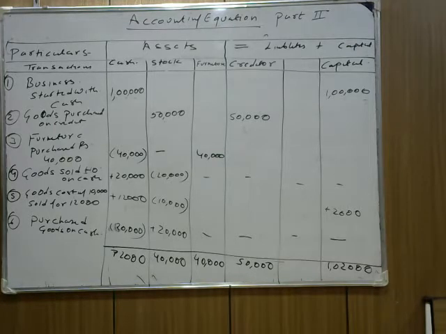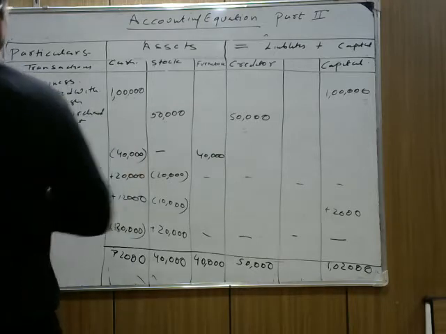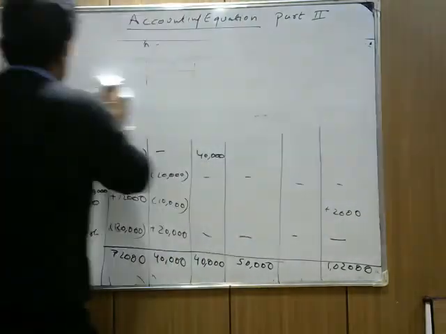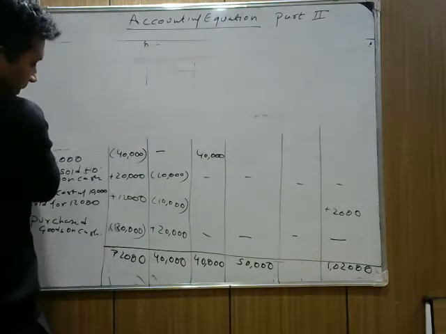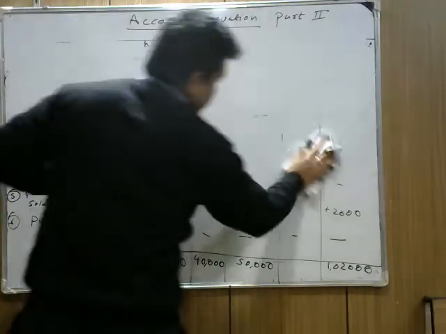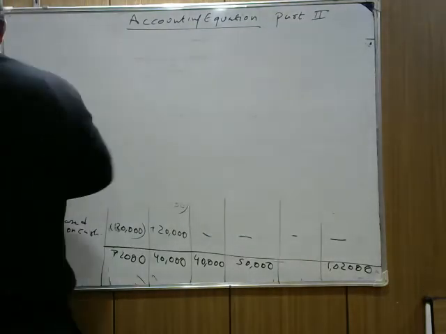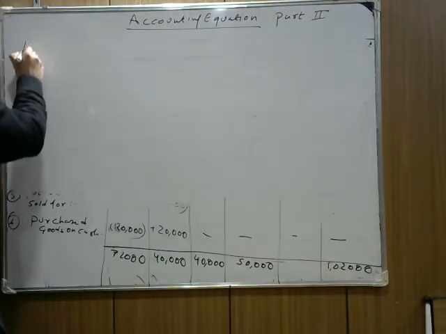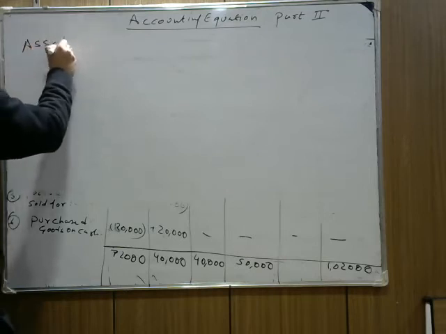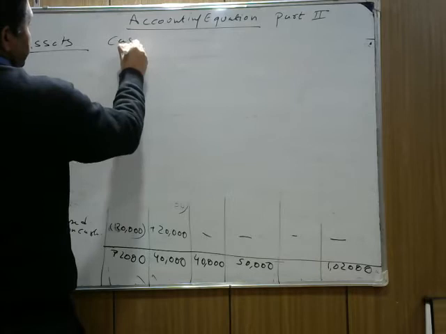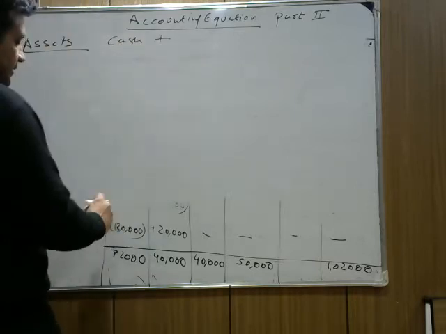Okay? You understand them? See the question part. I hope you make the balances. Now if you write here, what are your assets? Your assets, first is cash. Then you have stock.